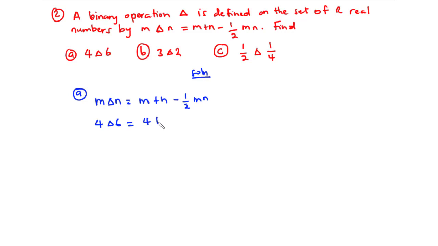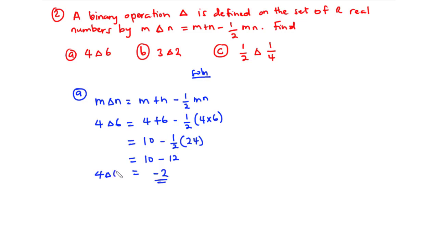So we have 4 plus 6 minus 1 over 2 times 4 times 6. 4 plus 6 is 10. We have negative 1 over 2 times 4 times 6, which is 24. Now half of 24 is 12. So 10 minus 12 is negative 2. So 4 delta 6 is equal to negative 2.